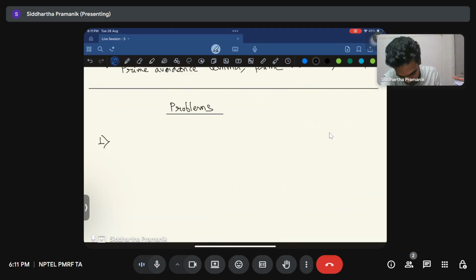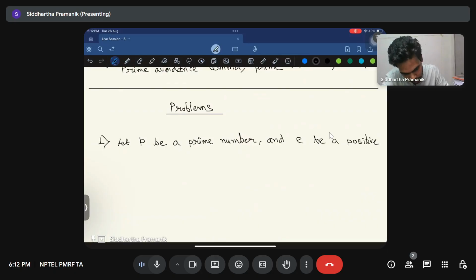Now let p be a prime number and e be a positive integer. This problem is from the practice problem set.